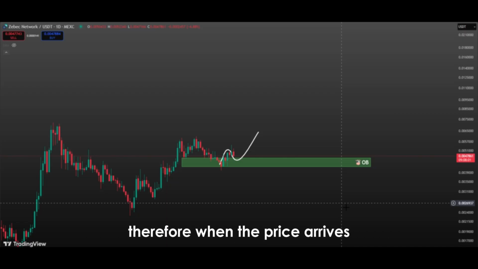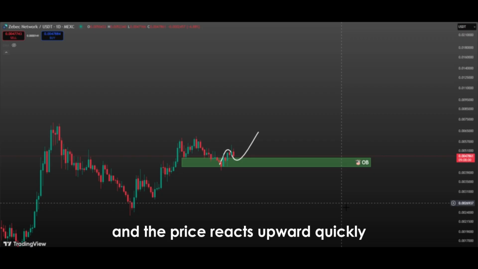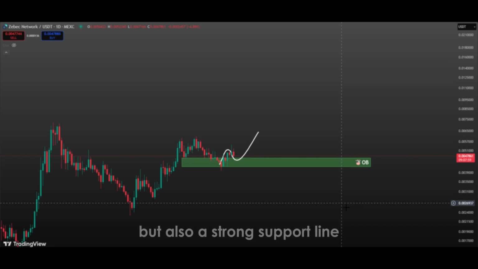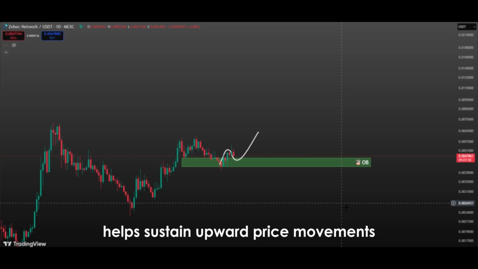Therefore, when the price arrives at this zone, numerous purchases can occur at once and the price reacts upward quickly. As a result, a bullish order block becomes not only a technical level, but also a strong support line in the collective market mindset. Repeated buying at this level by investors helps sustain upward price movements.